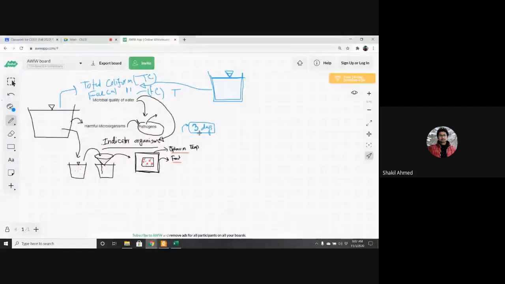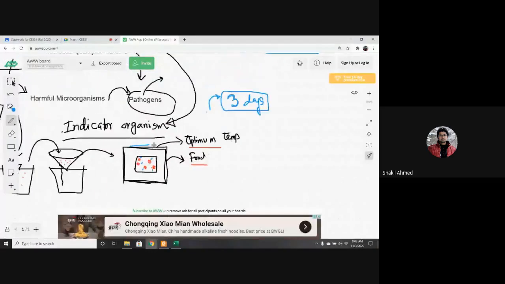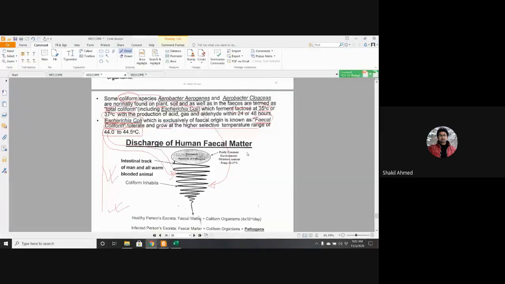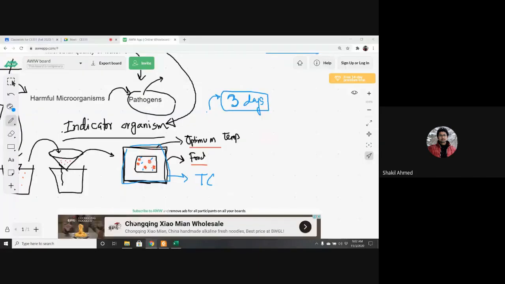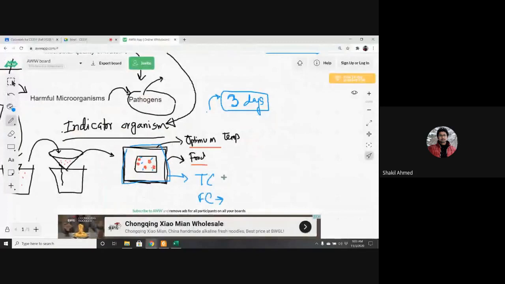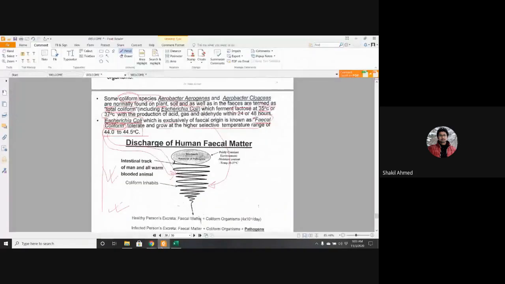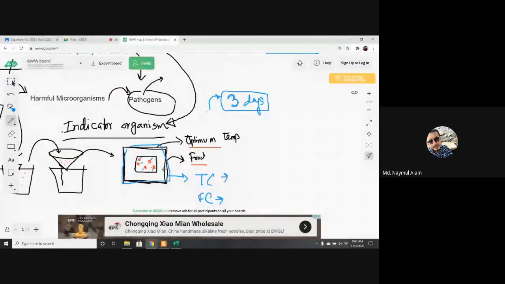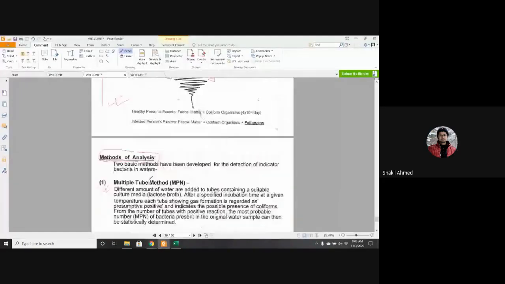That means in the incubation, you have to control the temperature for TC at 35 to 37, and if you want to calculate the fecal coliform, it should be higher, 44 to 45. Clear? Yes, sir.